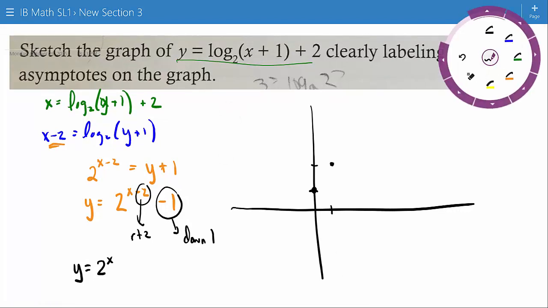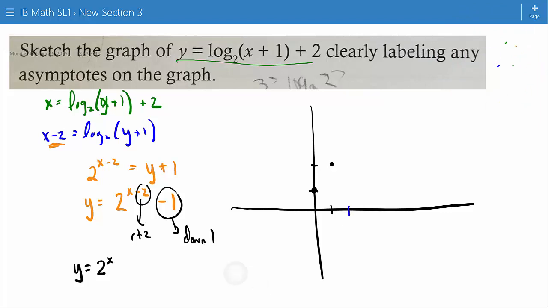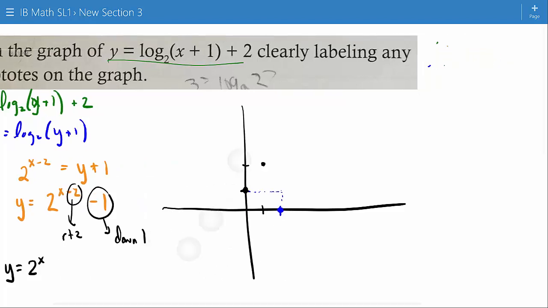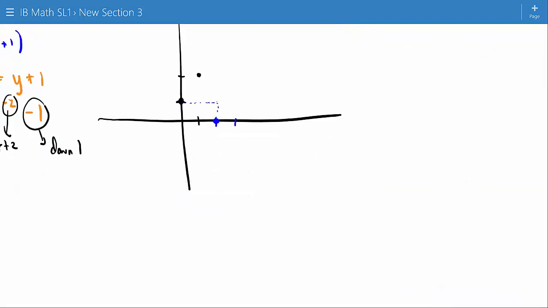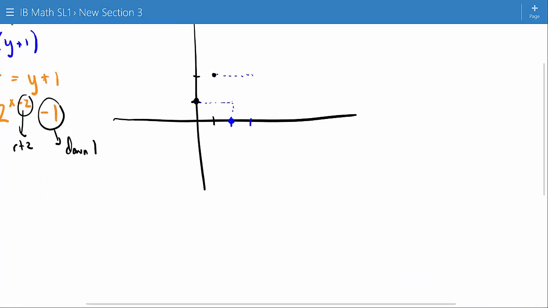And I'm going to take these points along with the horizontal asymptote and move them to the right 2 units and down 1. So this y-intercept goes right 2 and down 1. This point here goes to the right 2 and down 1.